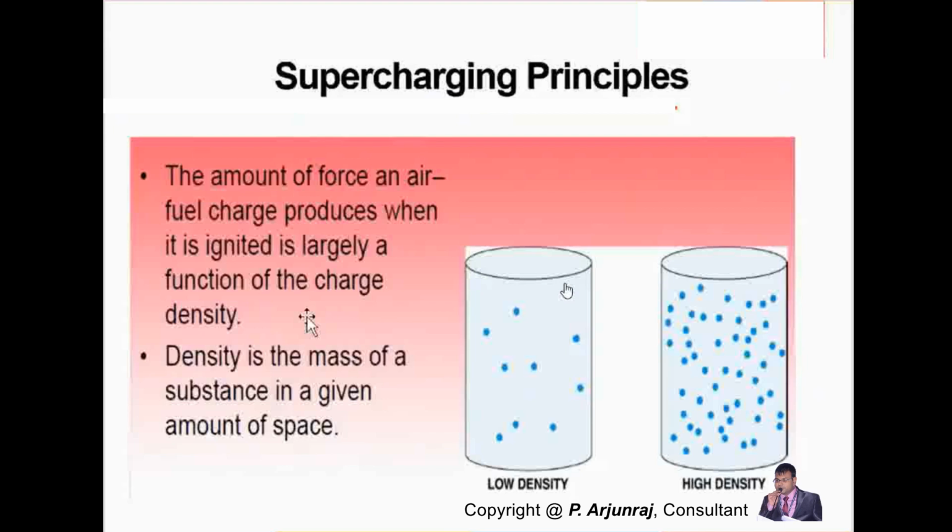If you increase the charge density, you increase the combustion, which means you increase the amount of air or oxygen going into the cylinder, and this is where the principle of supercharging comes into the picture.